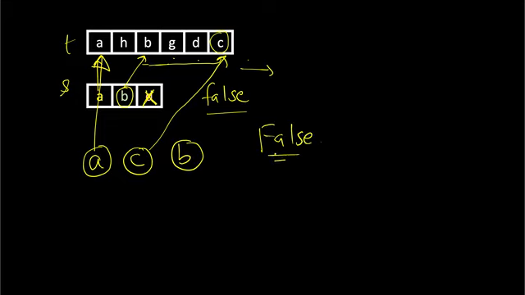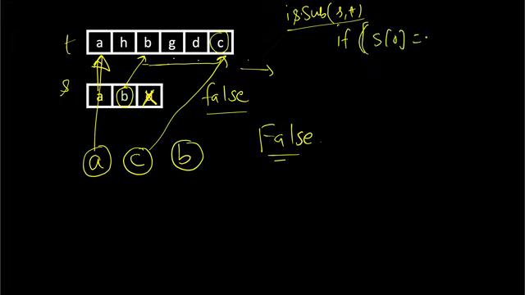So the algorithm is very simple. If the first characters match, let's say this is the function isSub and we are calling it on S and T. So if S0 is the same as T0, that is, the first characters match, then our job is reduced.